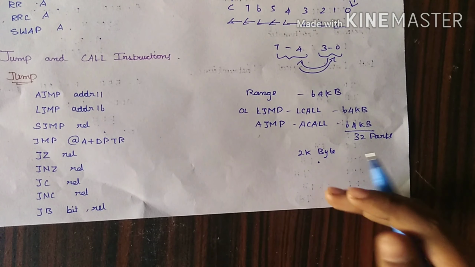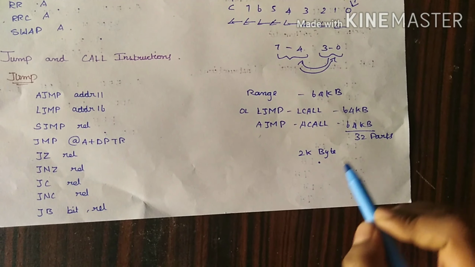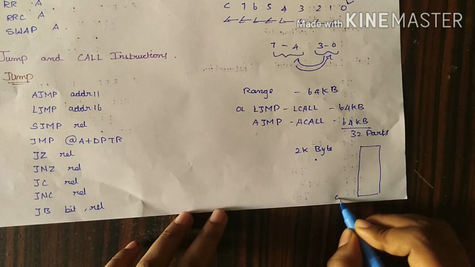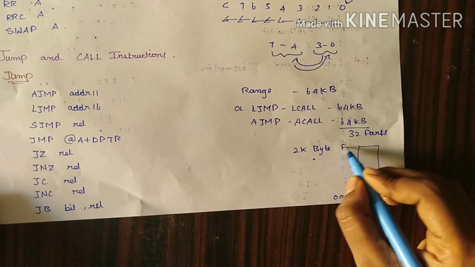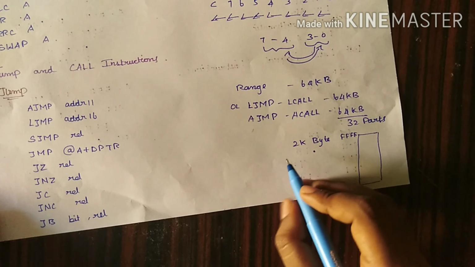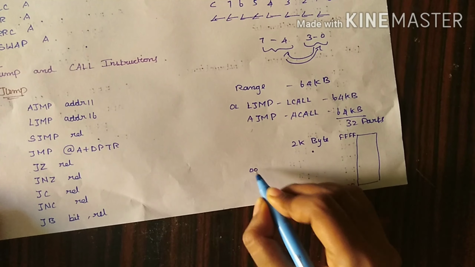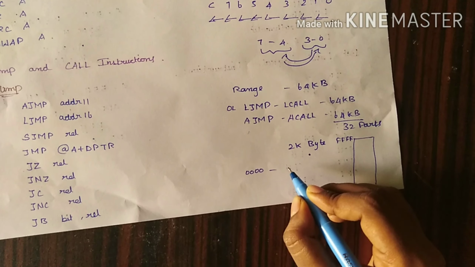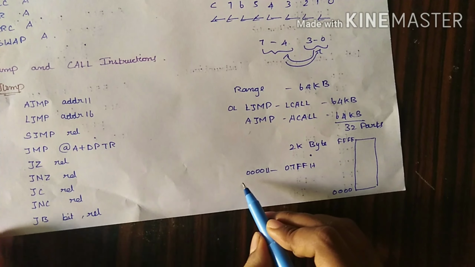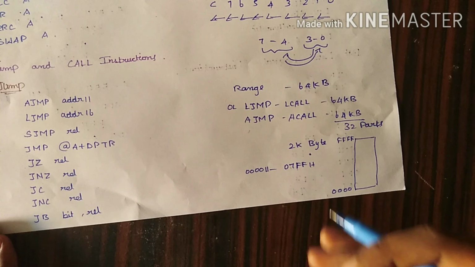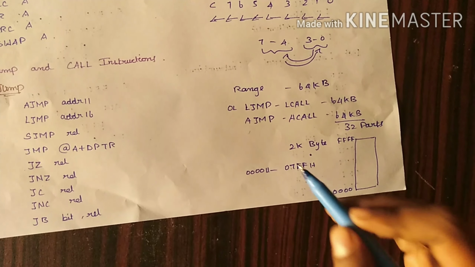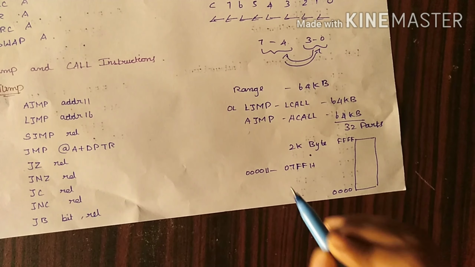If this is the 64 kilobytes of memory from 0000 to FFFF, then it is divided into 2 kilobyte blocks from 000 to 07FFH. So this is 2 kilobytes. Similarly, further divisions will be there, and we can jump or call or change the flow of instructions only between these limits.